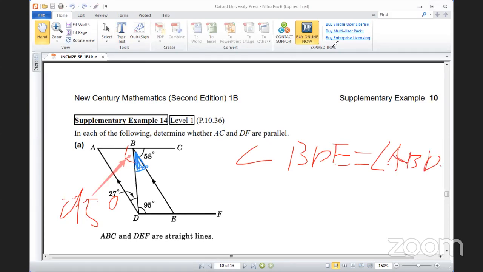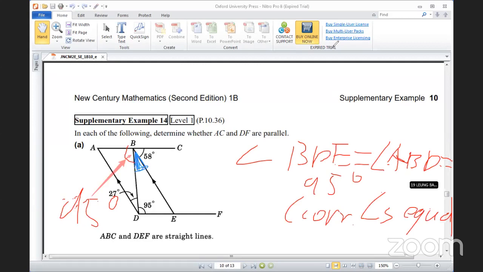And then the reason. They are not corresponding angles. They are not corresponding angles. These two.